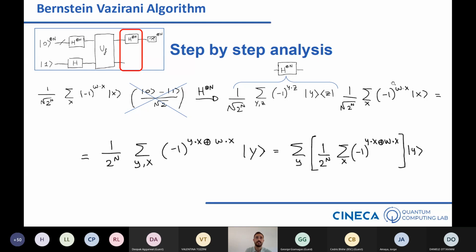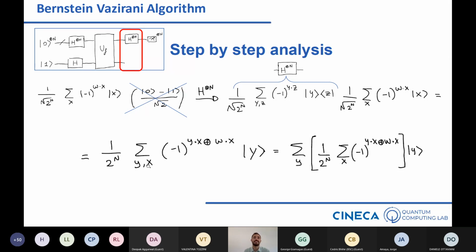So at the end you get something like this. Z and x go away because this is the scalar product between z and x, and you're left with this term, where z became the x, plus this term here.